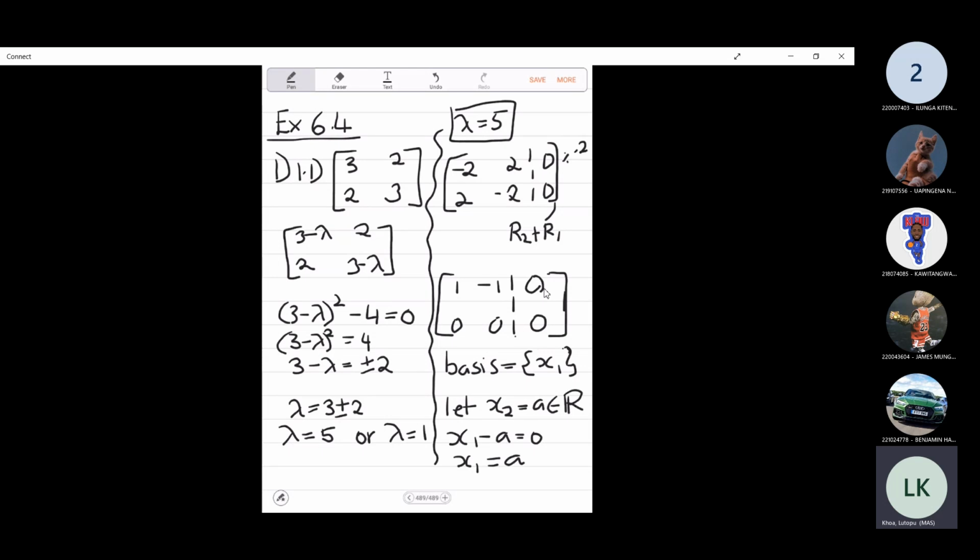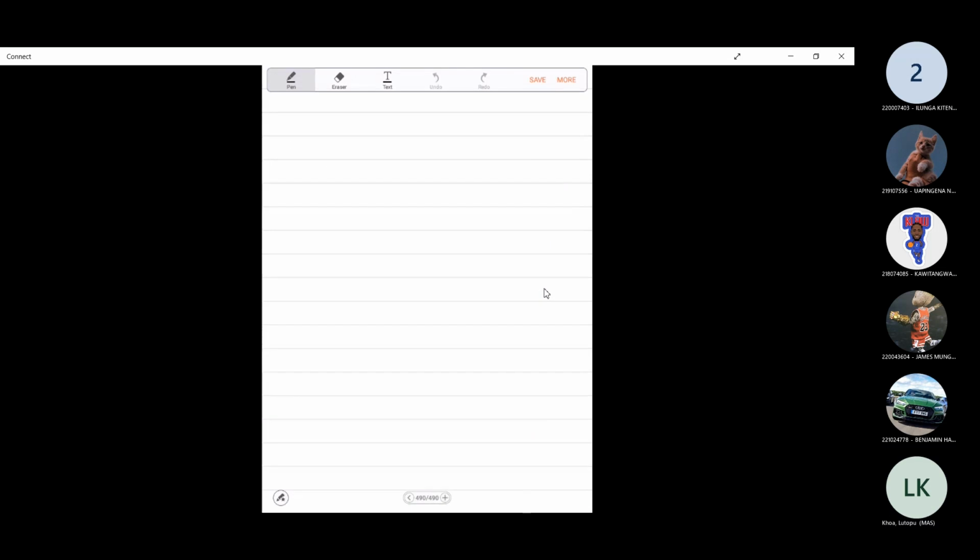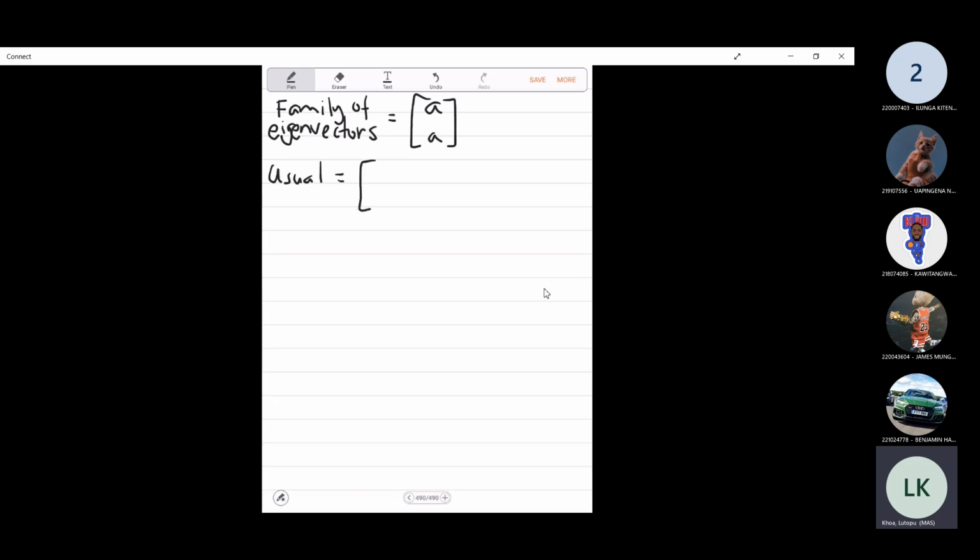Then my family of eigenvectors will be here. x1 is a, x2 is a, so it's just a times (1, 1), and then the usual one, this is when a is equal to 1, will look like this: 1, 1.